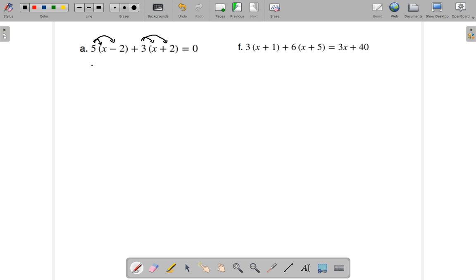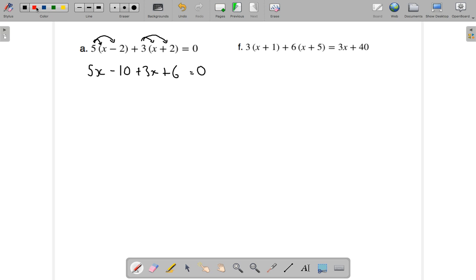So start with here, we get 5x minus 10. Remove the brackets there, and over here we get plus 3x plus 6 equals 0. Now remember, what we can do now is collect like terms.